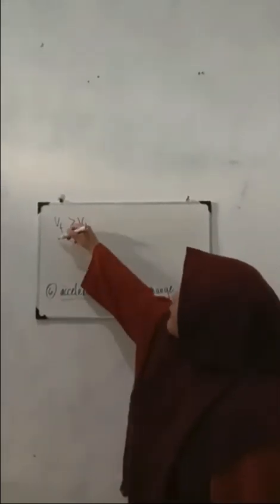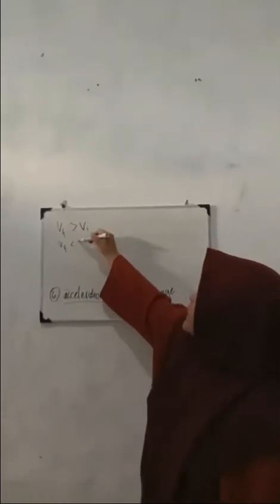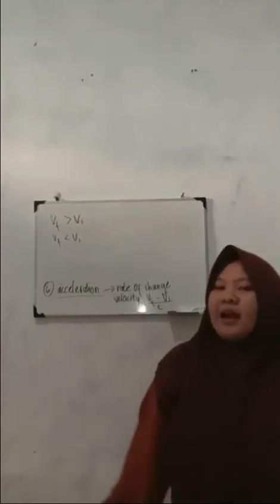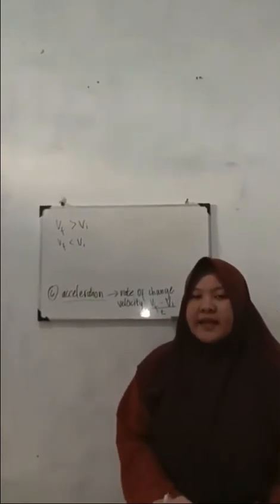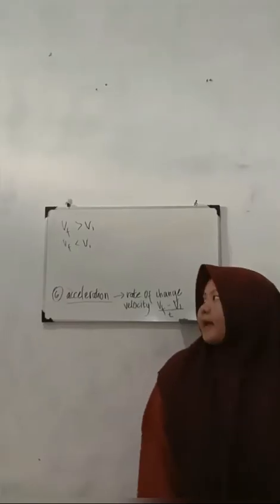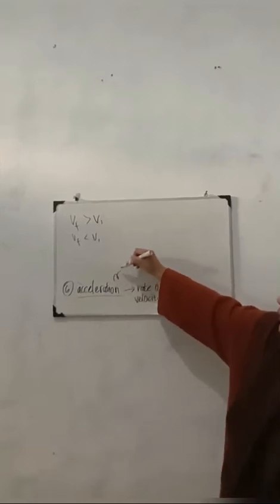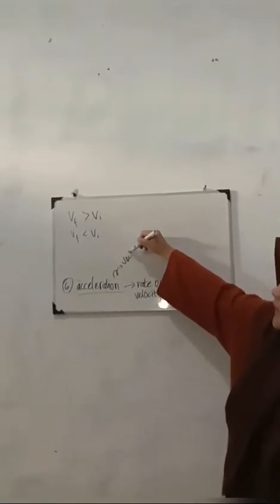And when final velocity is lesser than initial velocity, we say that the object is decelerating. Okay, acceleration is a vector quantity.